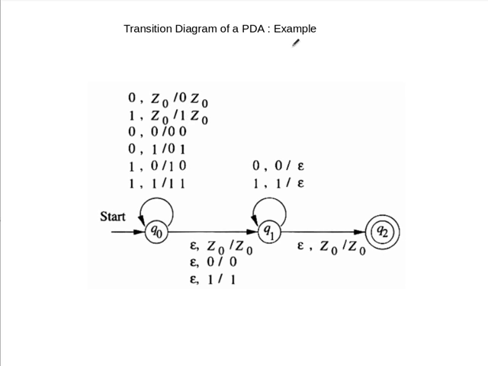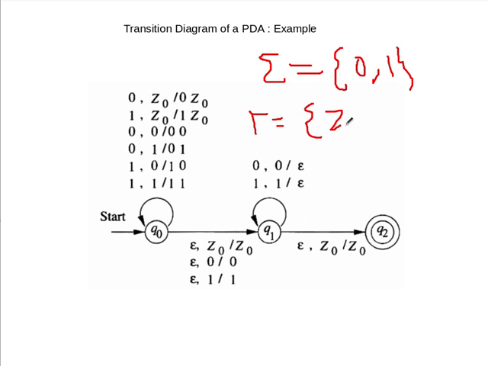So for sigma we have 0 and 1, and for this gamma we have Z0, 0 and 1. So they are not disjoint in this case, but at least different.